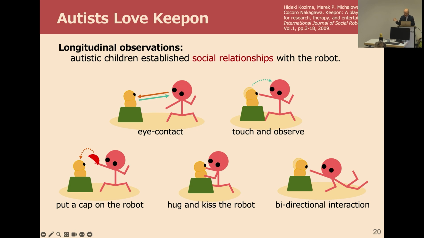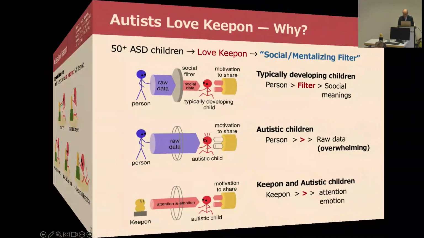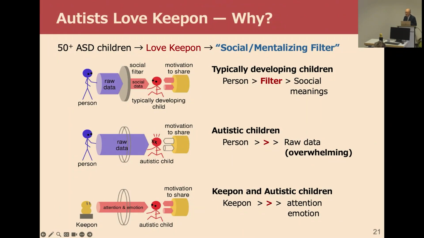The bidirectional interaction is, of course, nonverbal, but it looks like a conversation. Including the GRP, most of the children with ASD at the age of 2, 3, 4 do not produce language at all. But generally, as I told you, ASD children loved the interaction with Keepon.